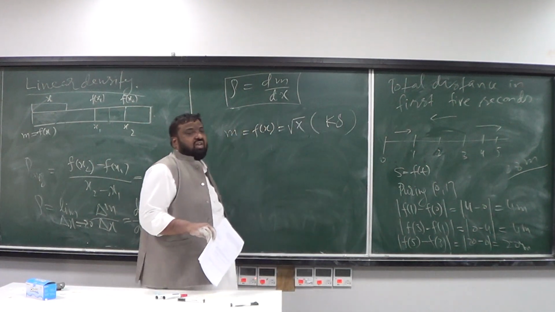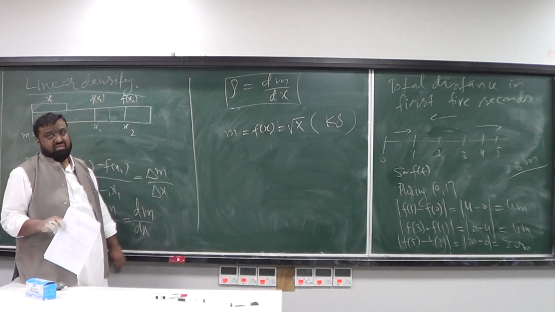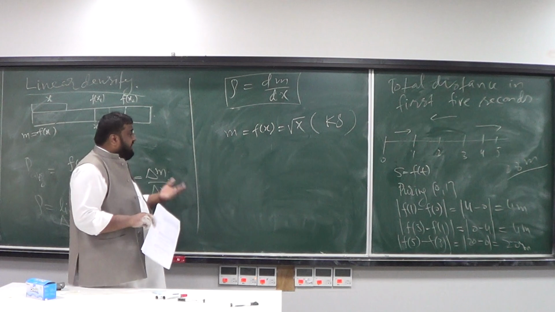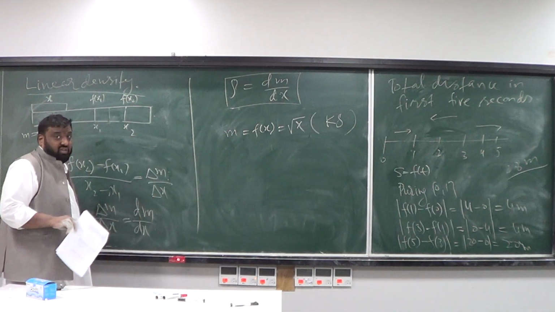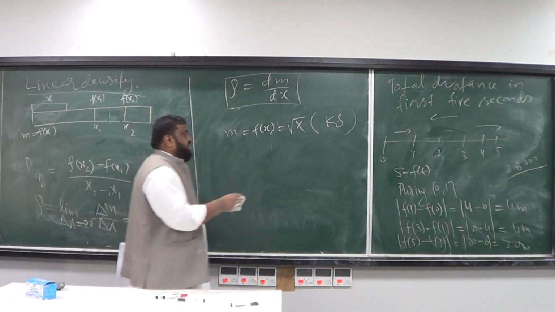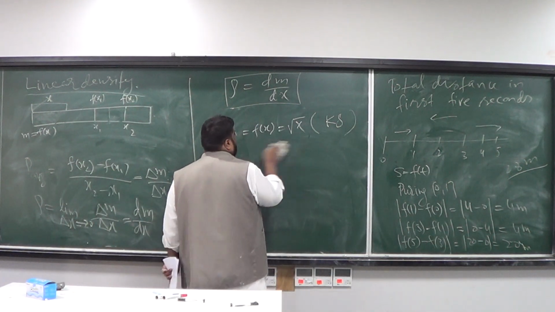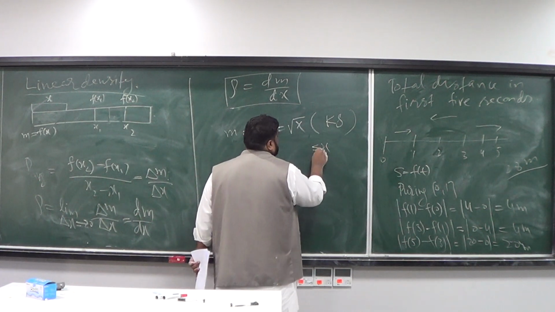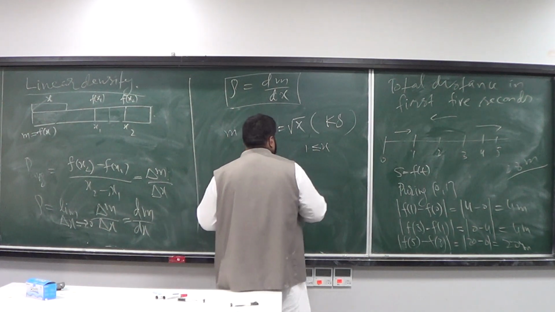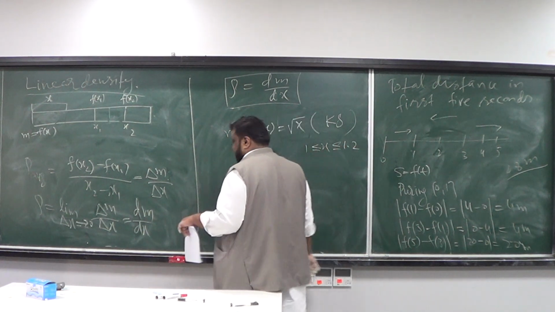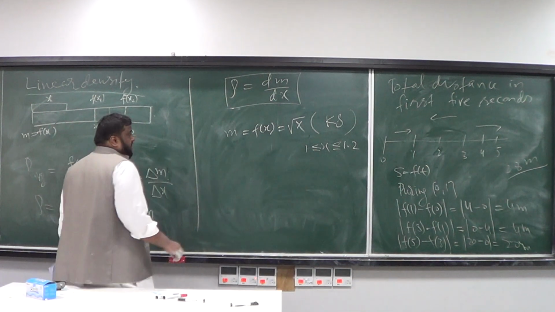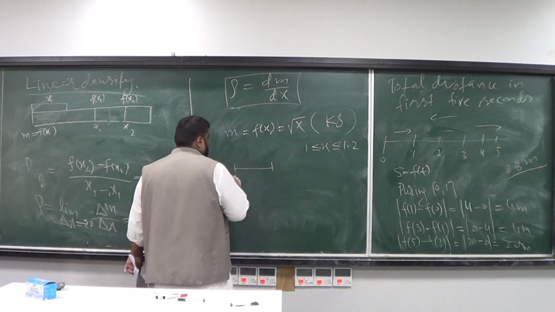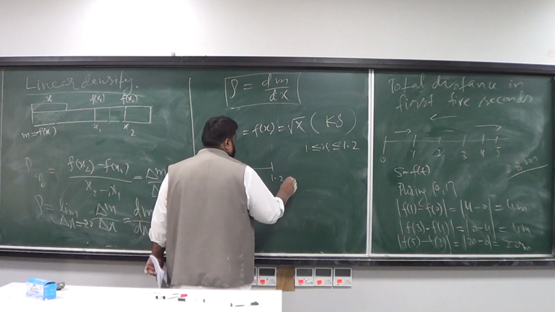For example, someone gave you this model, and your task is to find the density of the rod at any position. This is a model for the mass of the rod in this length, where say it is between 1 and 1.2. Question: what would be the average density of the rod between 1 and 1.2?